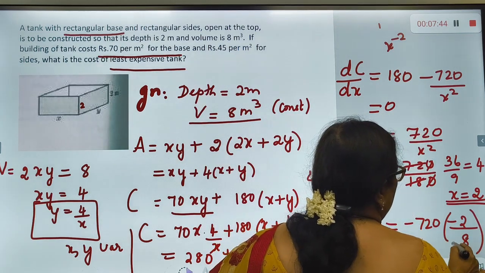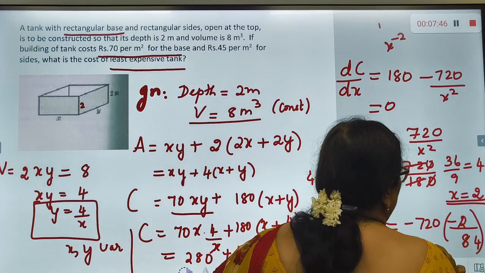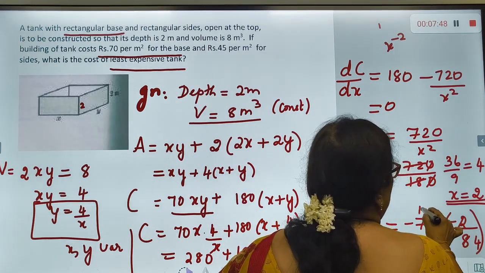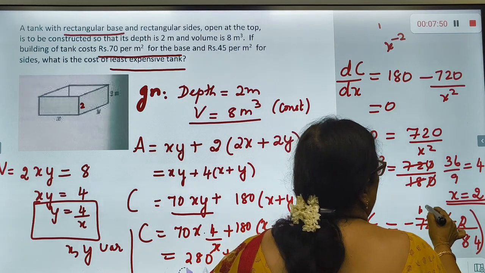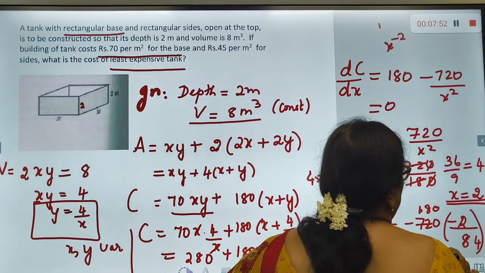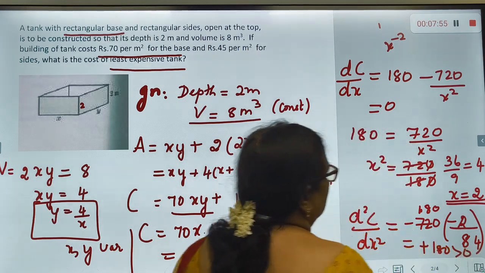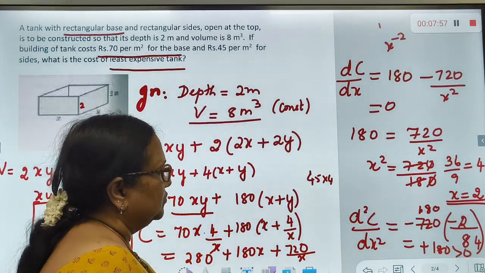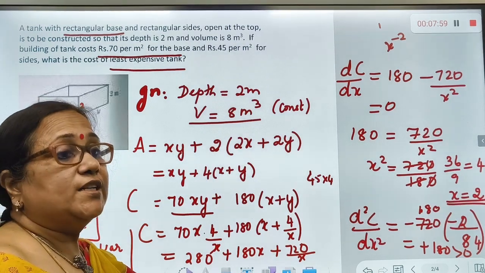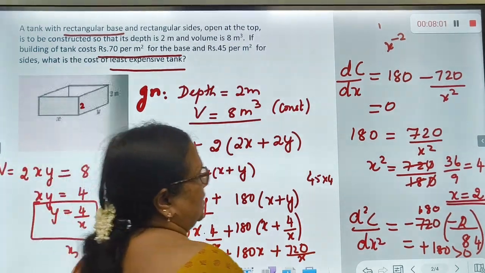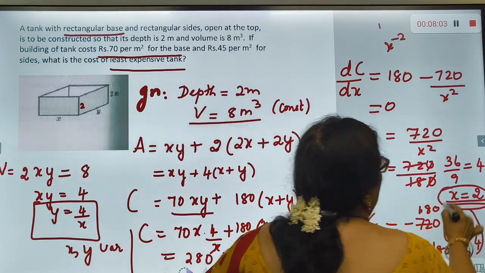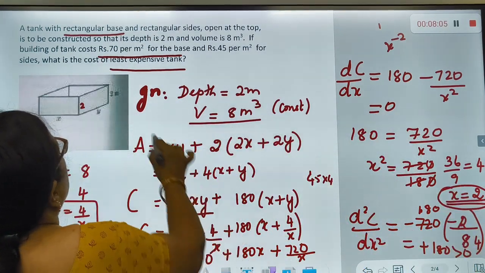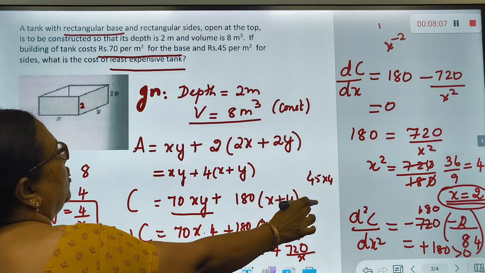So it is plus 180, which is greater than 0. Therefore, the cost is least when x equal to 2. So you have the least expensive tank when x equal to 2.